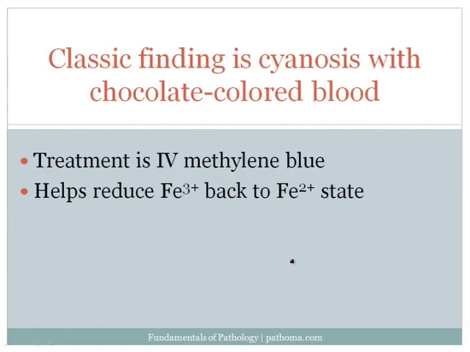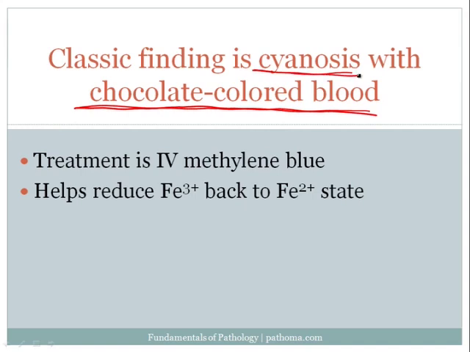The classic clinical finding in methemoglobinemia is chocolate-colored blood, and the patients will be cyanotic. So the buzz phrase is cyanosis with chocolate-colored blood. The treatment is IV methylene blue, and what does IV methylene blue do?